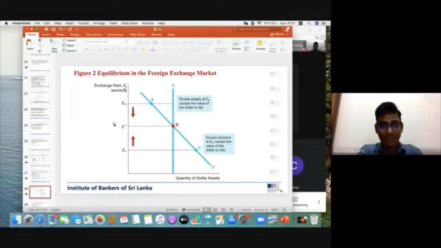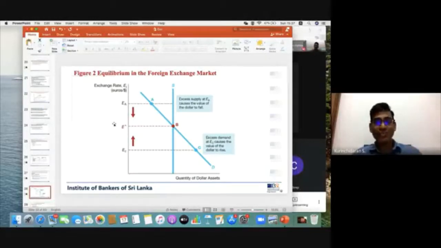That means the dollar appreciates. When the dollar appreciates, automatically demand will be less, right? Clear? Because the value increases, the price is higher now, so demand will be less.